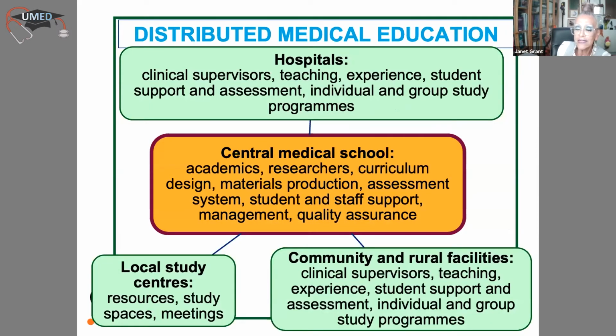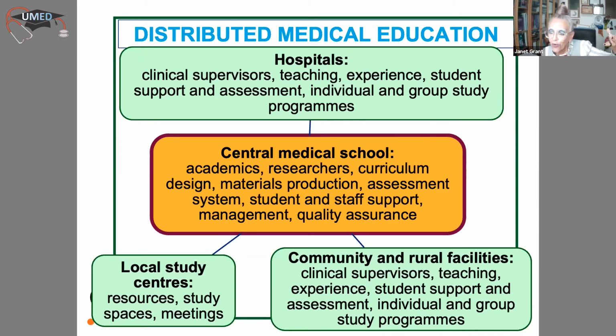So you have that anyway in distributed medical education. You're doing it. You've got the central medical school with all of its staff and academics and researchers and everything else, curriculum design, all that stuff. Then you've got hospitals, like the university hospital trust that we're talking at here. You've got all of those people. That's part of the distributed school. Maybe local study centres.